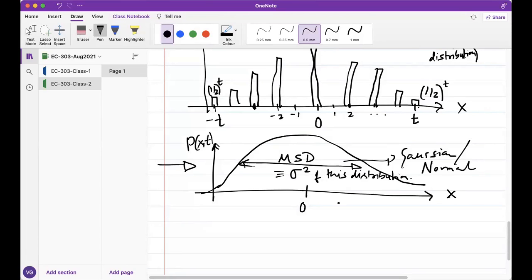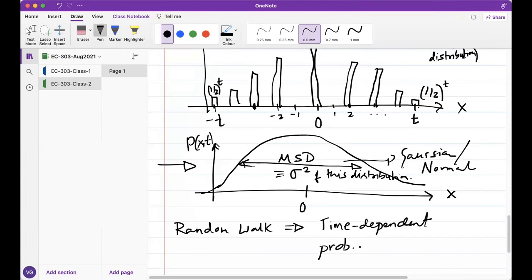So random walk, in that sense, leads to a time dependent probability distribution.